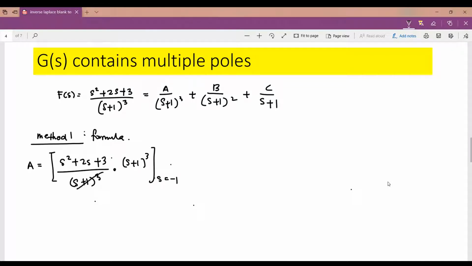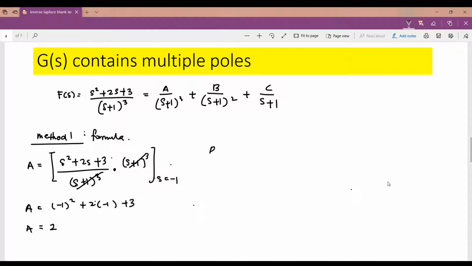Okay, so this one cancels, and then you will get A is equal to -1 square plus 2 times -1 plus 3, and then A is equal to 2. Okay, so you will get A is equal to 2.